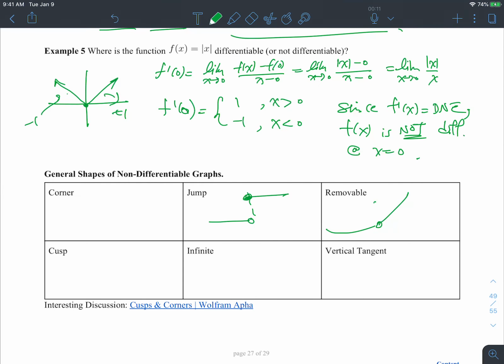A hole right there, and that point has been removed, and it might have been put somewhere else or nowhere at all, right? And then an infinite asymptote. So these are different kinds of something that's not differentiable, right? First, none of these are continuous. If it's not continuous, it can't be differentiable, period.